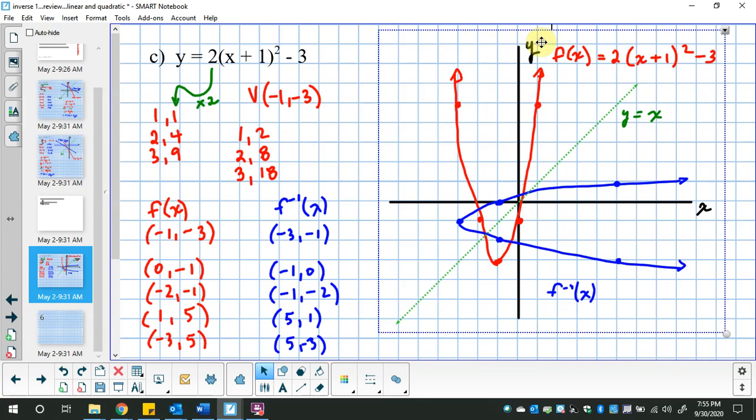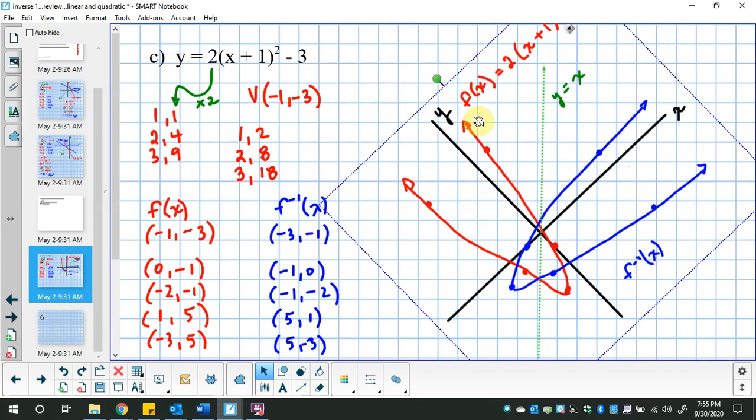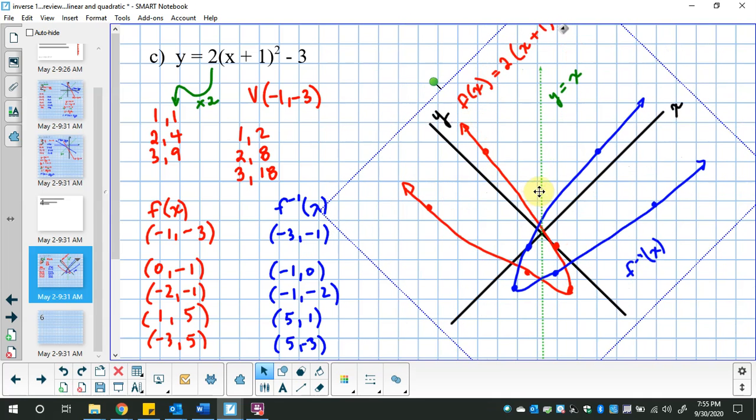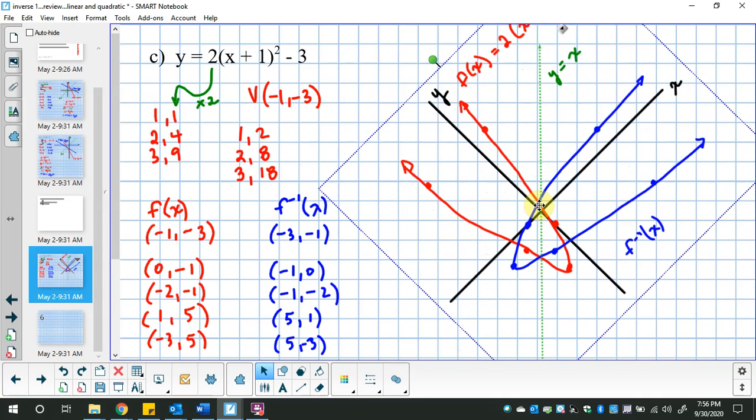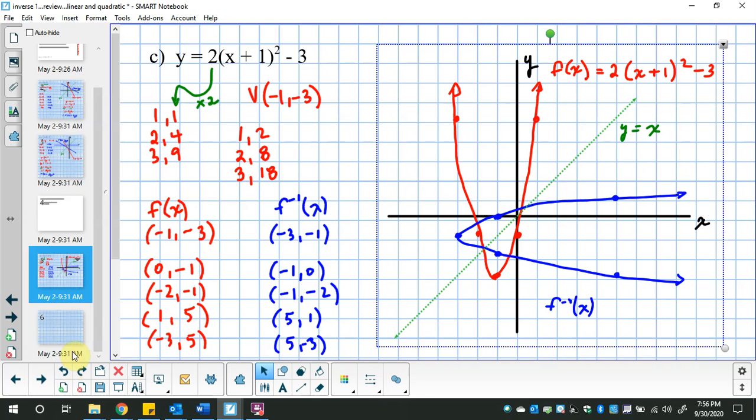And if I rotate this so that my line y equals x is up and down, you will hopefully see that you've got a little heart here. It's upside down. But this blue and this red are reflected on each other. This blue and this red are reflected on each other. That reflection is actually what an inverse is, and it totally works out graphically. So you can visualize this.